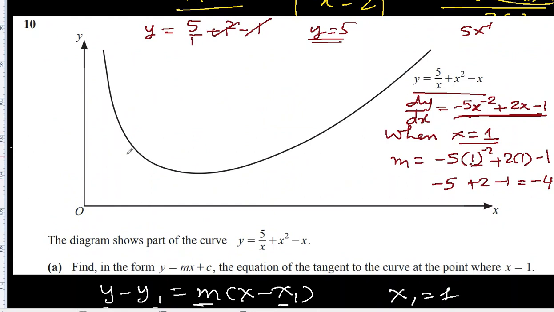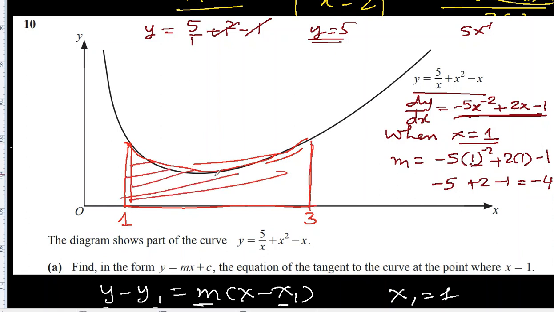Suppose x equal to 1 is here and x equal to 3 is here. So they are saying the area enclosed by the curve, which is this, the x-axis, which is this, x equal to 1 this, and x equal to 3 this. That means they are asking us to find this area, right?